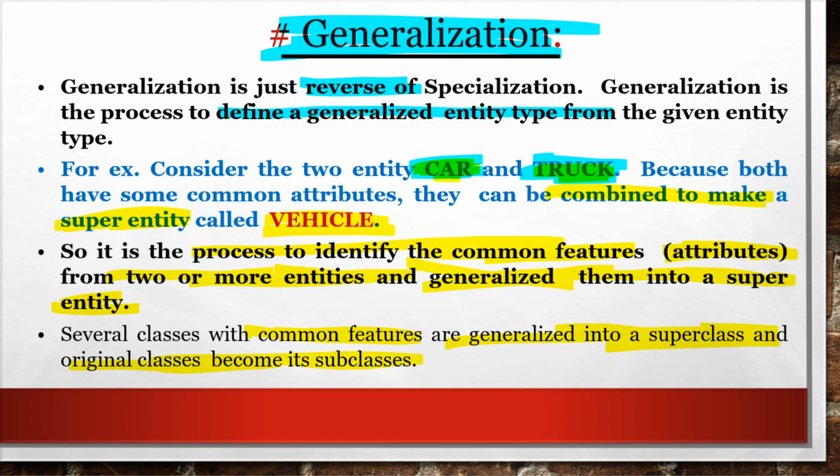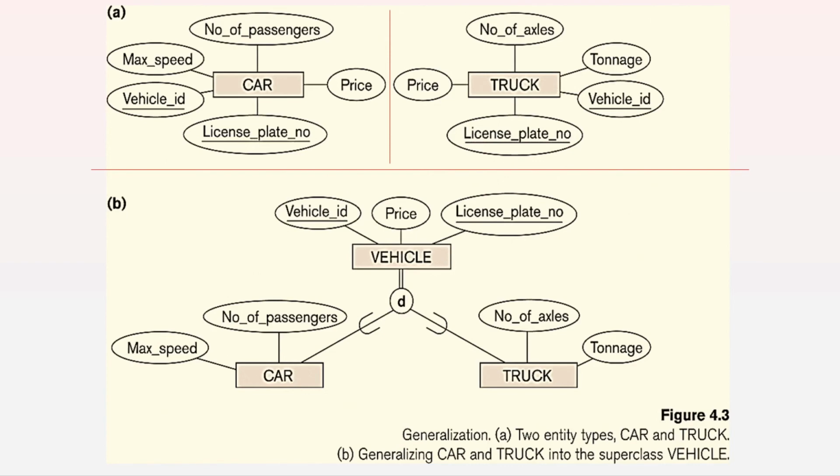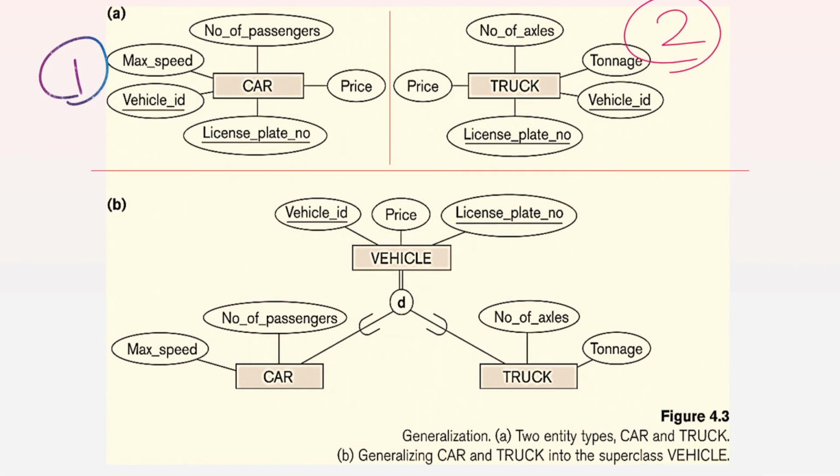For example, here we are having two entities, one entity is car, and the next entity is truck.